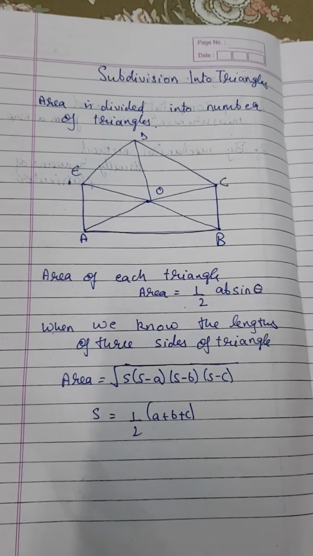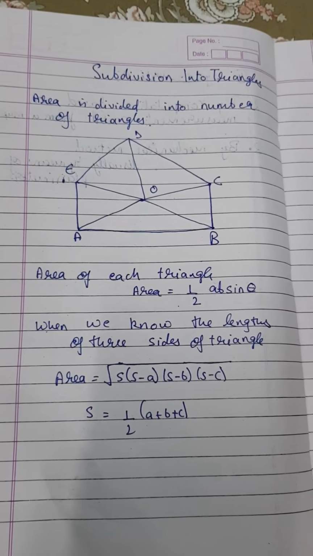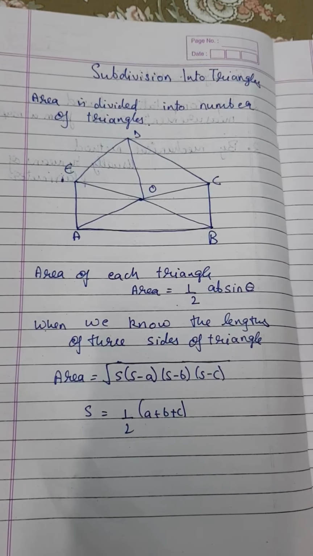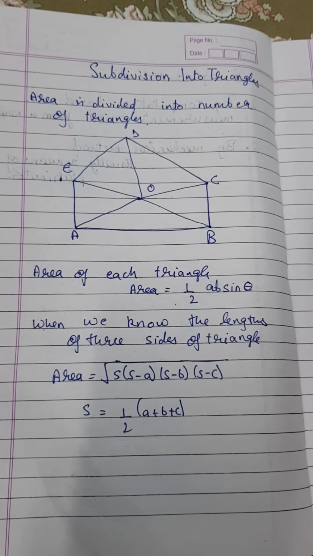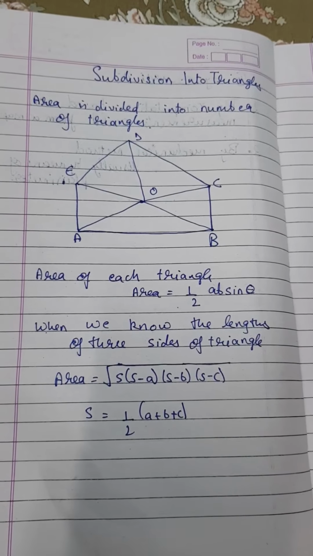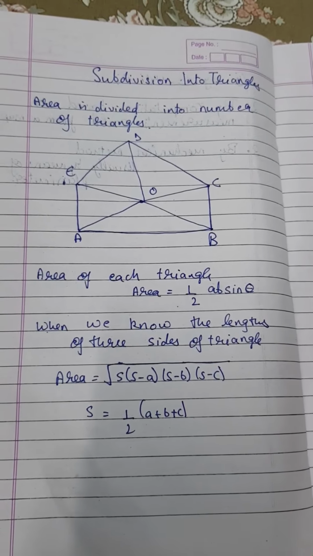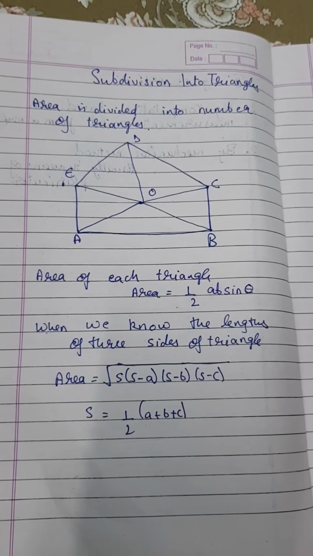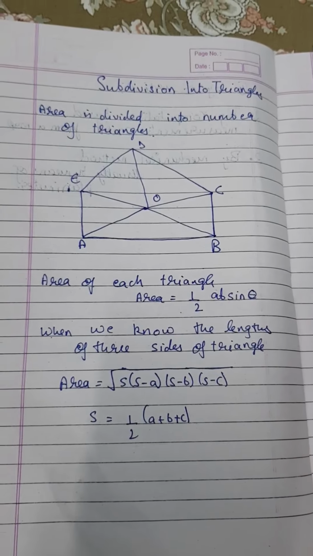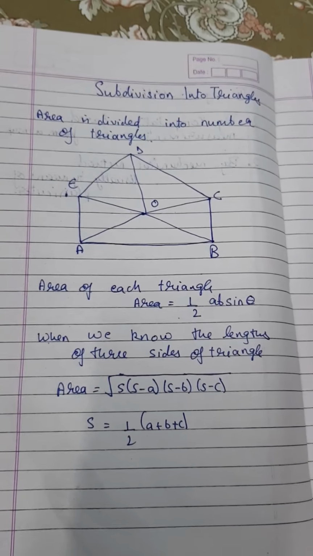When we know the length of the third side, we will use Heron's formula. Area is equal to the square root of s(s minus a)(s minus b)(s minus c). This is Heron's formula, where s is equal to half of the sum of a, b and c.